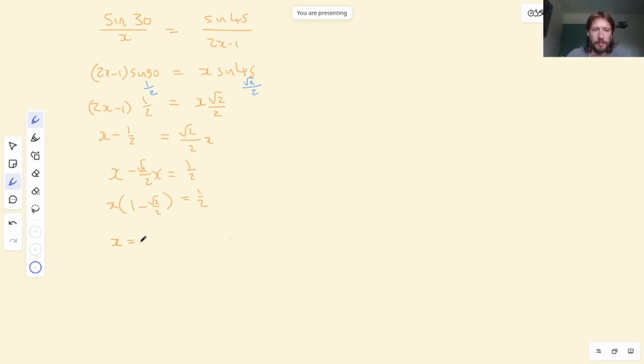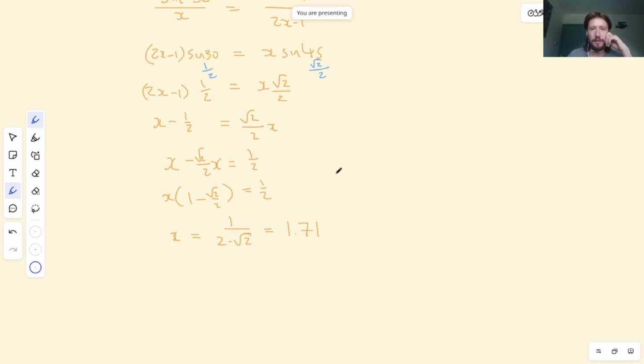So, doing that step by step, 1/2 divided by 1 minus root 2 over 2. And the half can come to the bottom. So 1 over 2 times 1 minus root 2 over 2, like so. And then we can expand that, and we'll get 1 over 2 minus root 2. And if you put that into a calculator, you get 1.71. You could have put it into a calculator at any moment, but I just wanted to show you all the steps. So x equals 1.71.